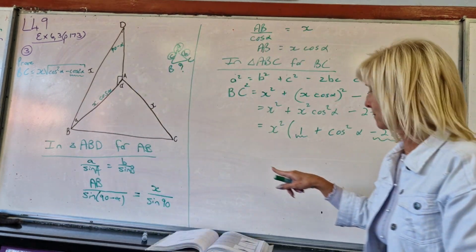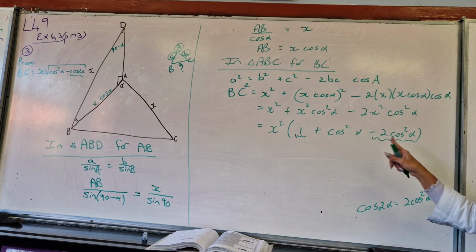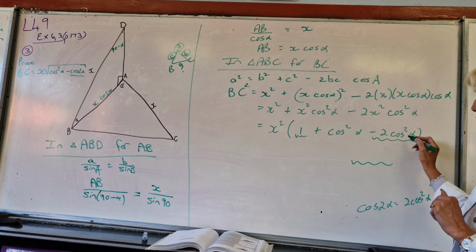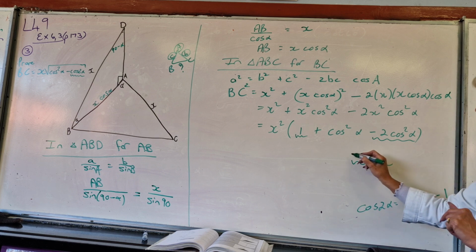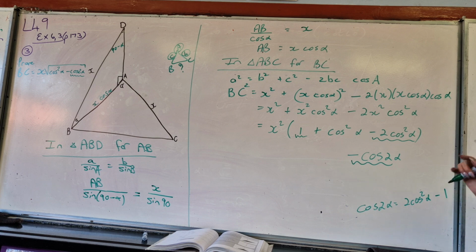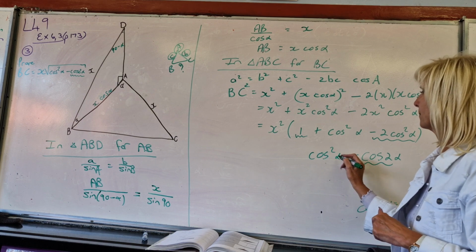So that means I'm aiming for 1 minus 2, which is there. You see it? It's not easy. So that 1 minus 2 cos squared is going to be equal to minus cos double angle. Only because I'm being led by where I'm going. And then this will stay what it is, the cos squared.